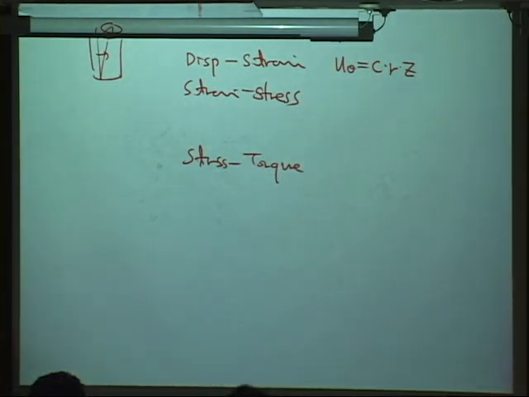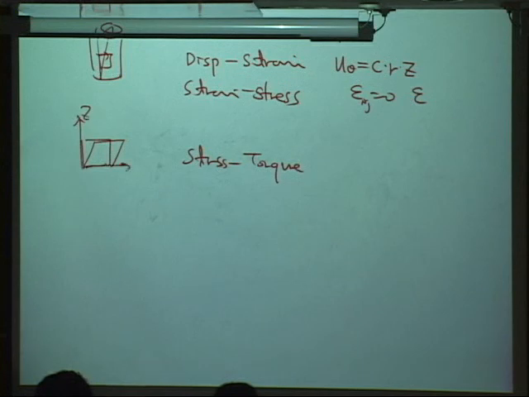Now, displacement strain relations. All other terms are 0 except epsilon Z theta. Remember that, this surface, this is the Z and theta.